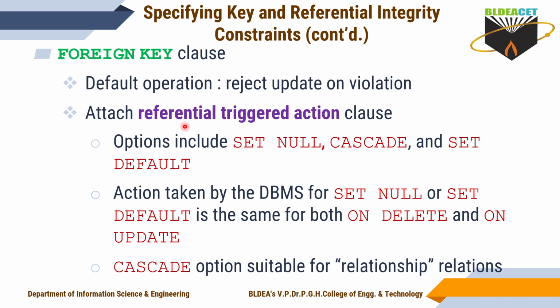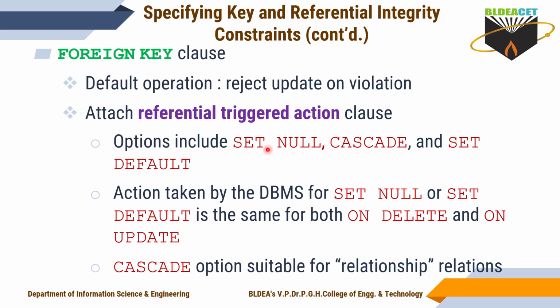The values in the foreign key must be referred to by the primary key values only. And you already know that while making insertion, deletion and updation, the referential integrity constraint can be violated. So if it is violated, what action do you have to take? That is what we call the referential triggered action.